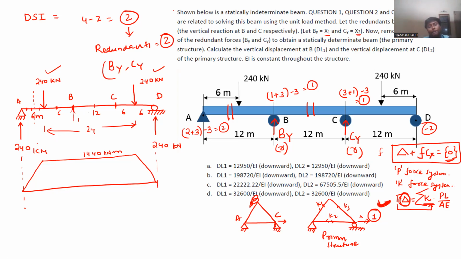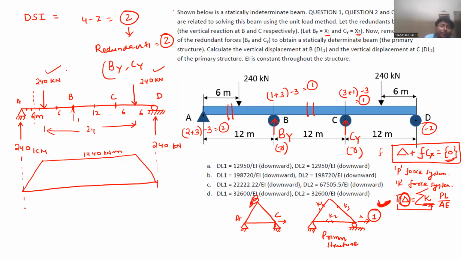Agreed? Due to this unit load. Similarly, when you put unit load at C, you will see the bending moment at each point is varying and is following some equation. That we will see as small m, capital M.